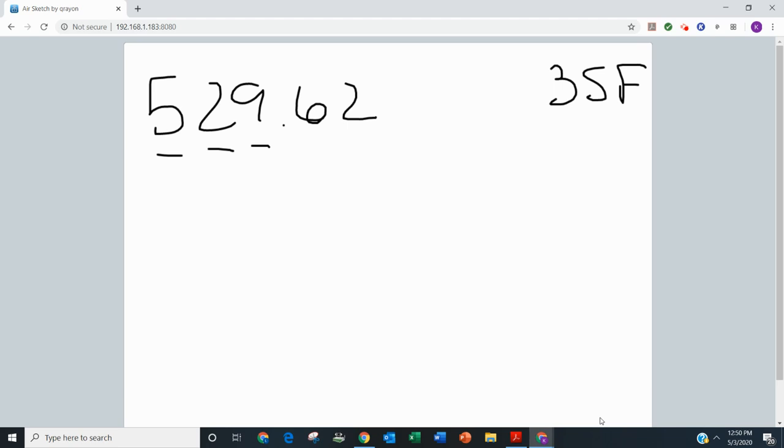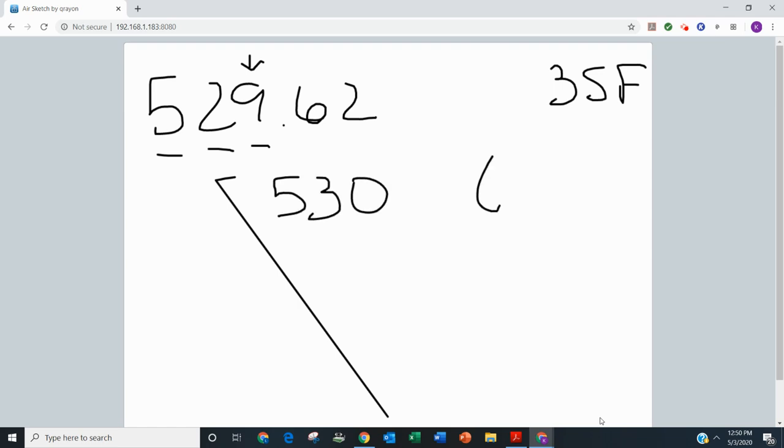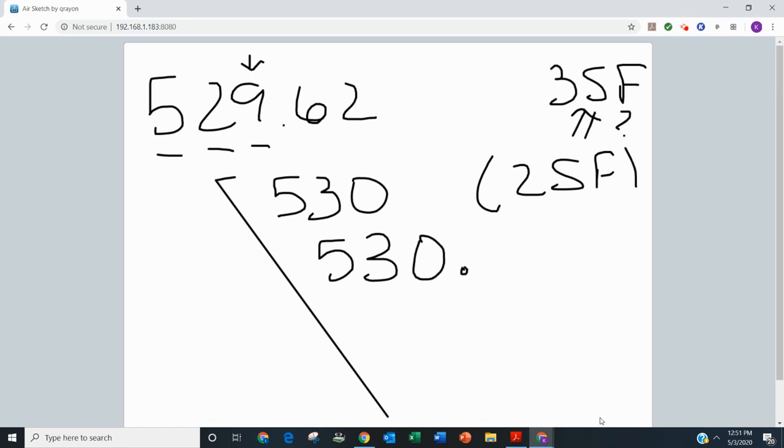If I look at the last one and see what's after it and say, oh, I'm going to have to round up, that would make this 530. This has 2 sig figs, so that's not right. So I would do 530 with a decimal point, and that gives me 3 sig figs.